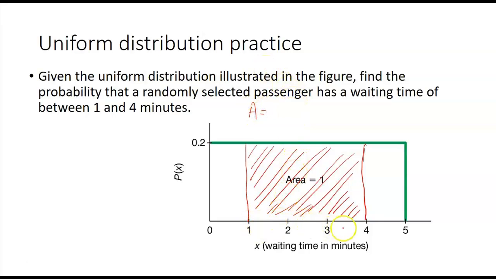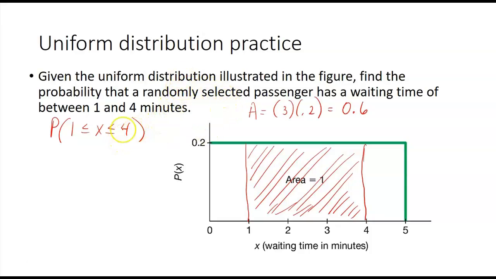So it turns out this one's actually going to have the same probability because the width of it would be 3, the height would be 2, so it ends up with a probability of 0.6. So you can mark this off in any different way to describe this. As far as the probability notation, we're going to look at the probability that x is between 1 and 4.